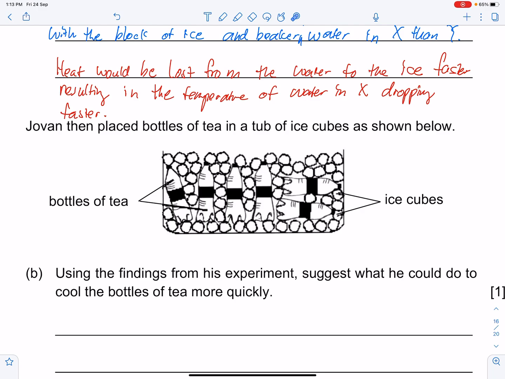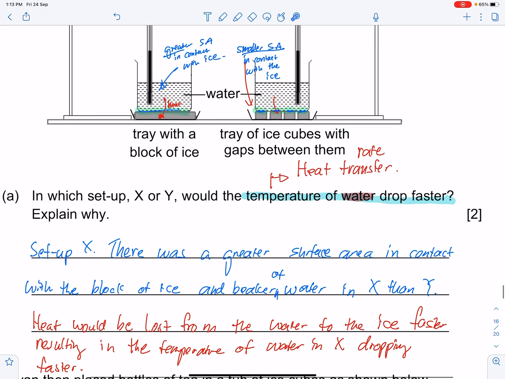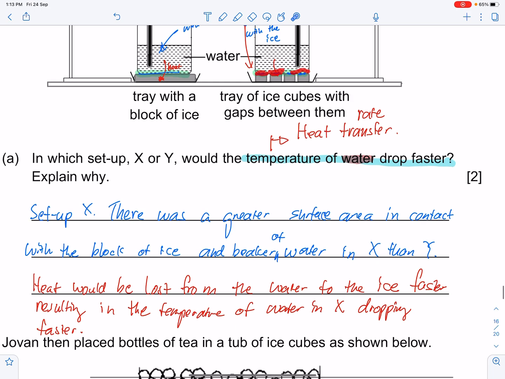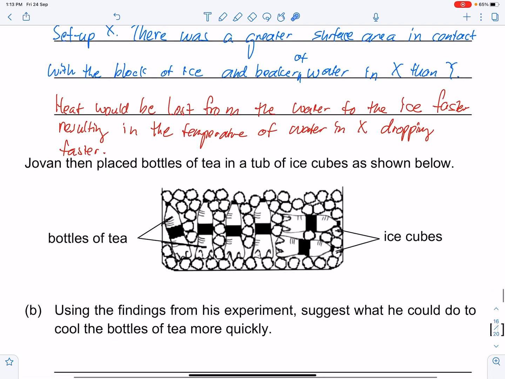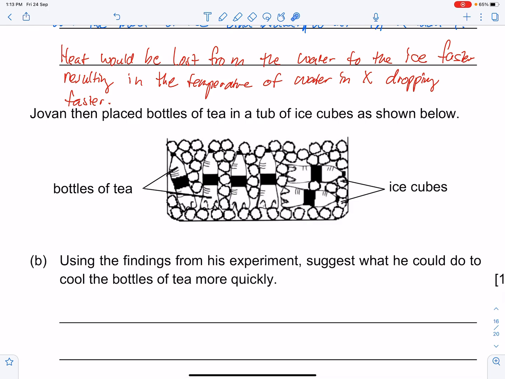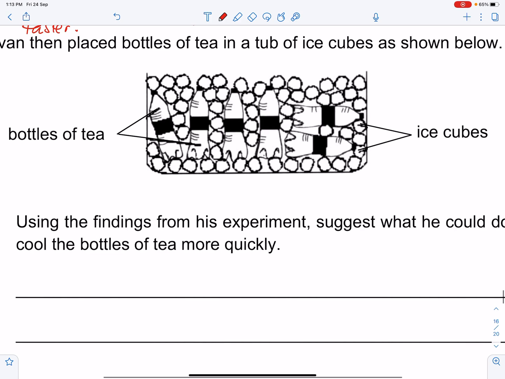So as you can see, the more the surface area in contact with the ice, the faster it will cool down. So what you can do is use crushed ice instead, because with crushed ice you can cover more surface area.